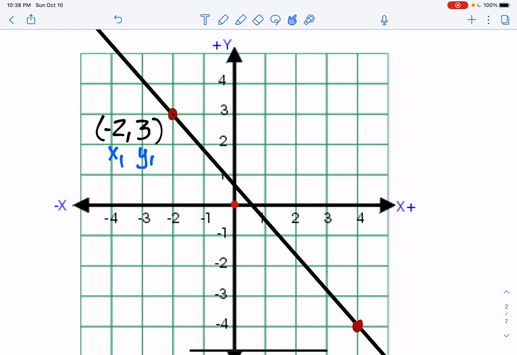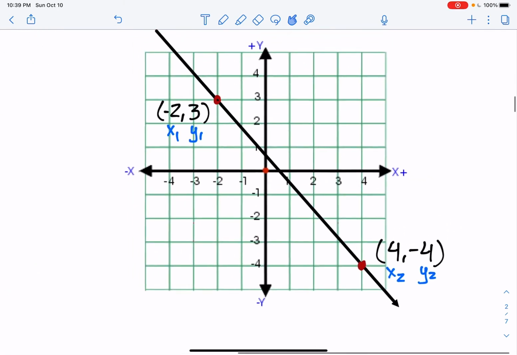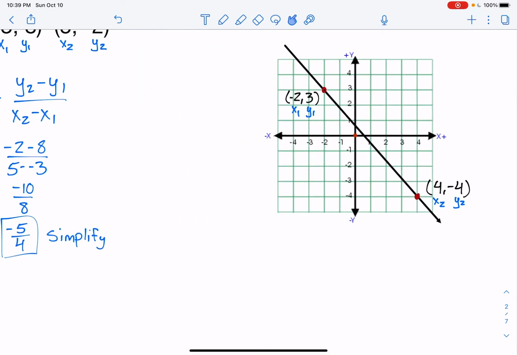Where I see the black line cross where the green lines intersect, that's a point. So this is a point, (-2, 3). Now I could have picked multiple other ones, but (-2, 3) was the simplest one. And as well as (4, -4). Now on your homework, it'll already have those plotted for you. And again, I already defined it as x1, y1, x2, y2. And then I can do the same thing.